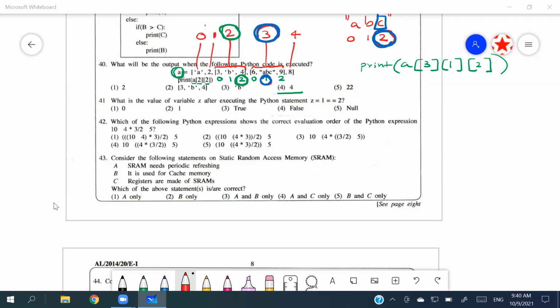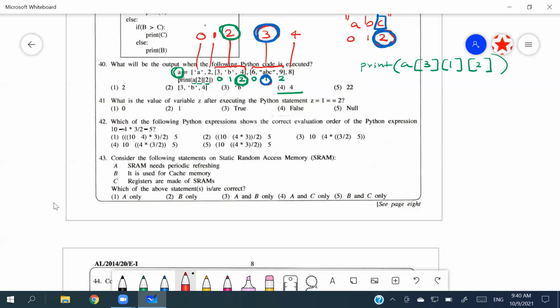Yeah, it says 10 minus 4 into 3 divided by 2 minus 5. So here you've got a minus sign, and here you have minus as well. Right. Now what should be the correct order? Now we have three kinds of operators: minus, multiplication, and division.